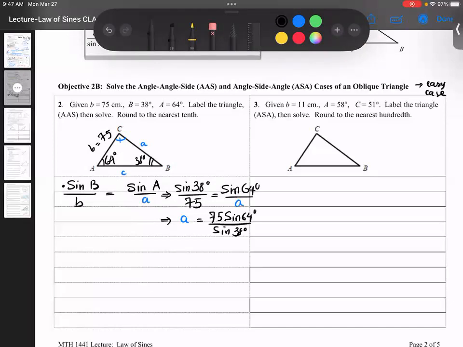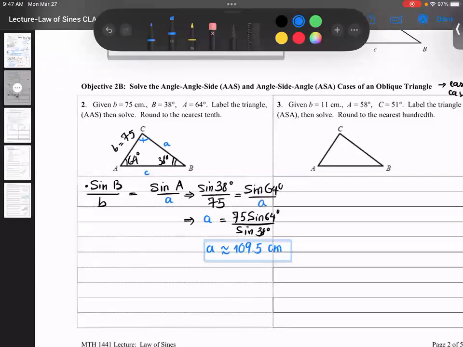What do you have? Round to the nearest tenth. So 109.5 centimeters. I got a down.